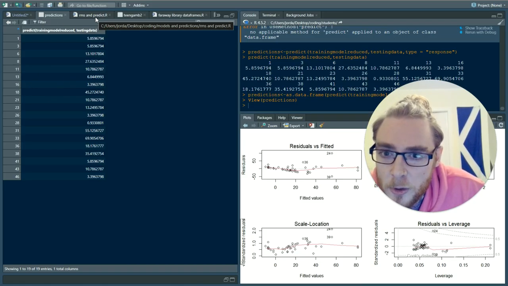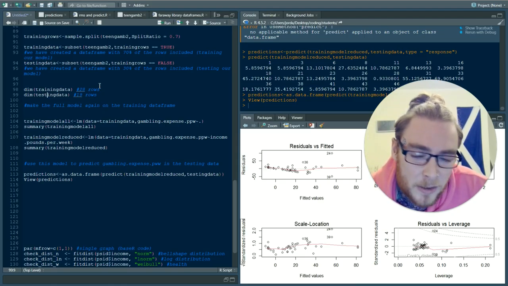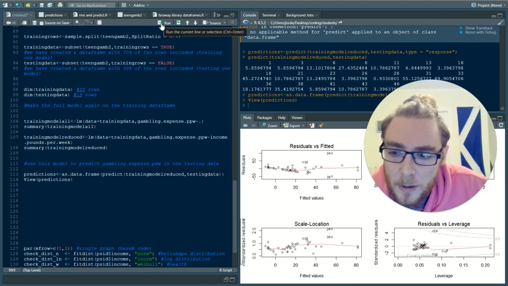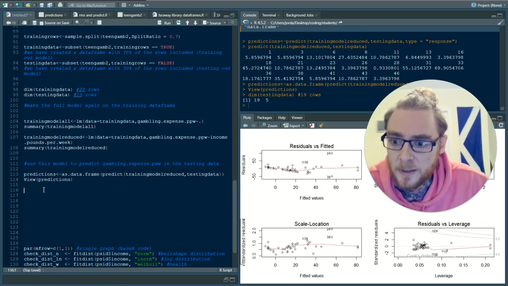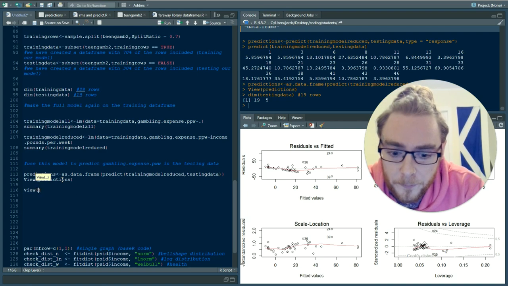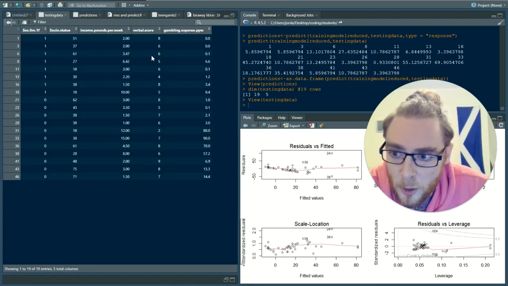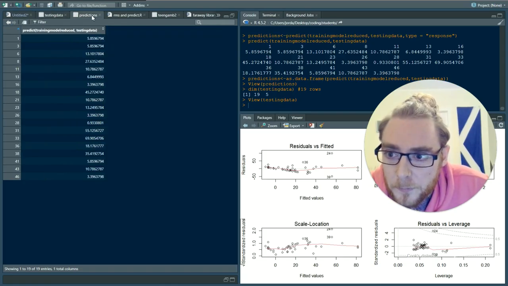If I view the testing data set now, we can do either an automatic comparison or a manual comparison to see how close the observations are to the predictions. View the testing data. And for the purposes of not making this too long, I'll probably leave it after that.